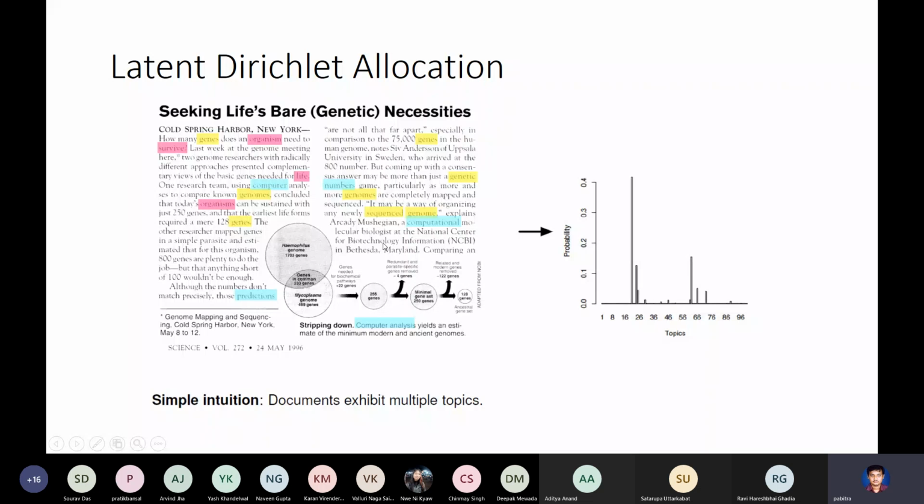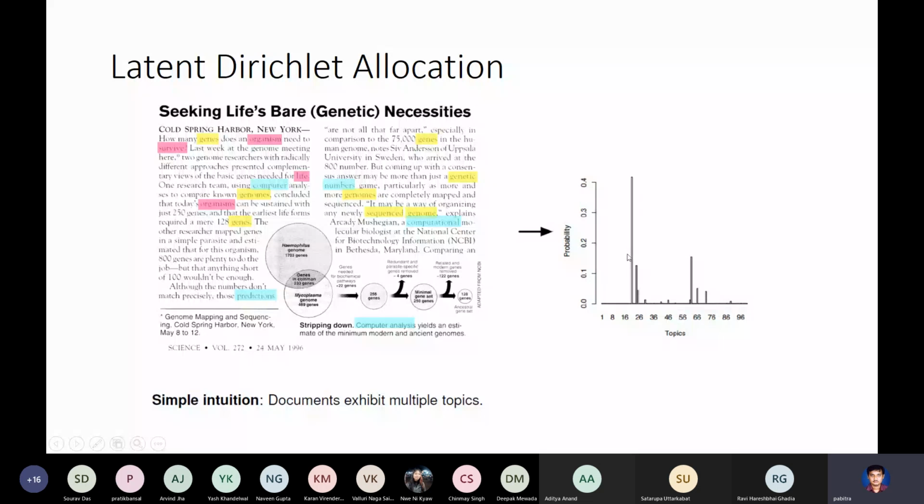And in the y-axis, I plot what is the probability that this document contains this topic. This document talks about this topic. Okay. And what this histogram says is that this topic is the most dominant associated with this document.